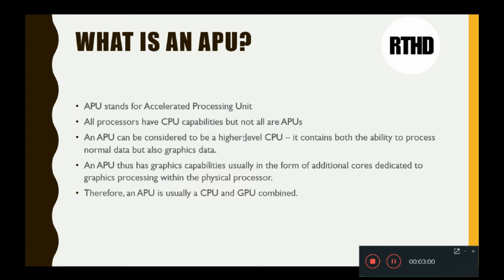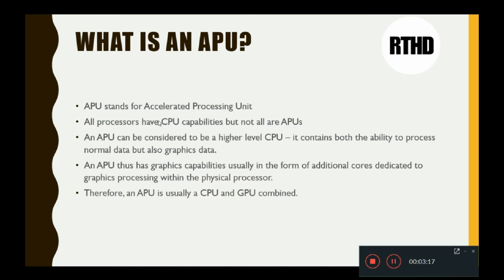An APU can be considered to be a higher level CPU. It contains both the ability to process normal data but also graphics data. So consider an APU sort of like a CPU and a GPU.